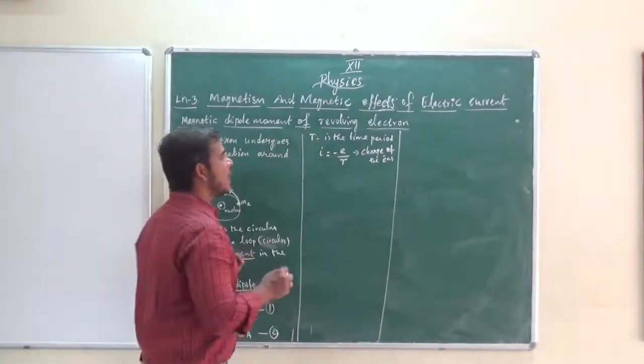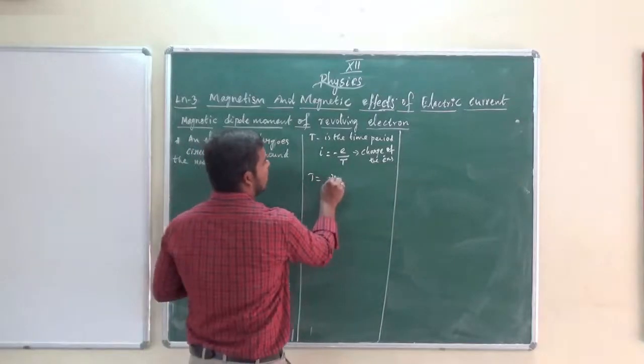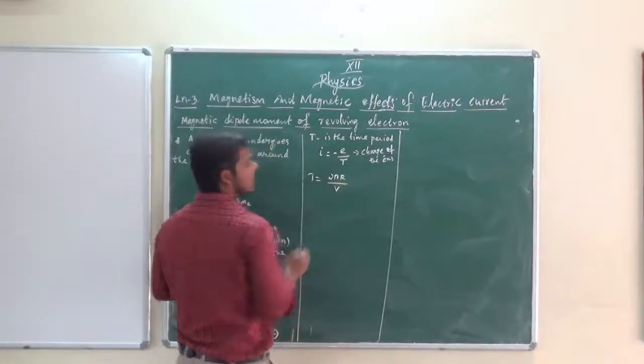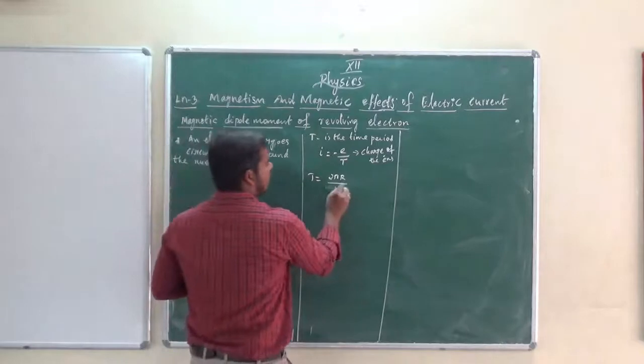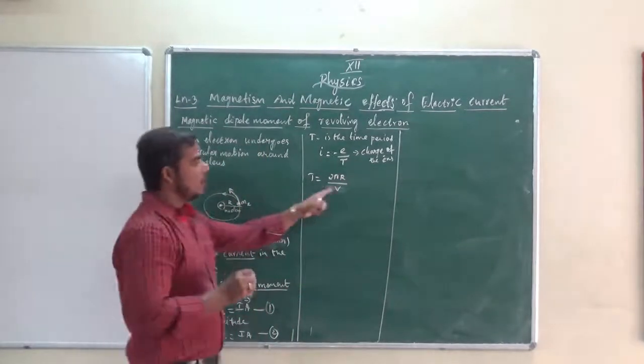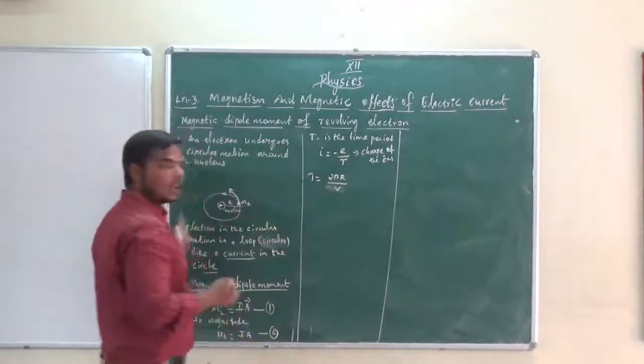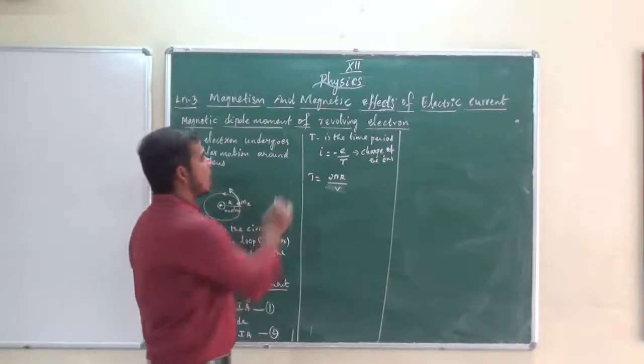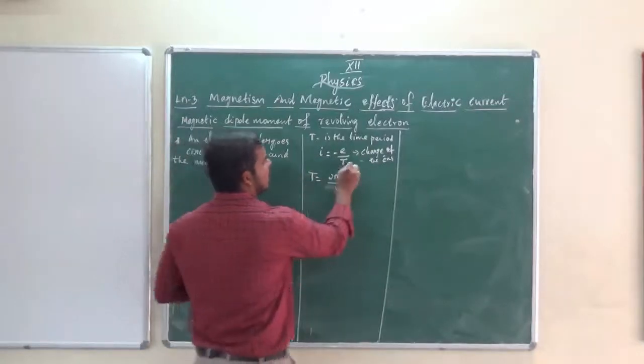Next, we have to calculate the time period. T is equal to circumference 2 pi r divided by v, where v is the velocity of the electron revolving around the circle and r is the radius of the circle. This is equation number 4, and the previous one is equation number 3.